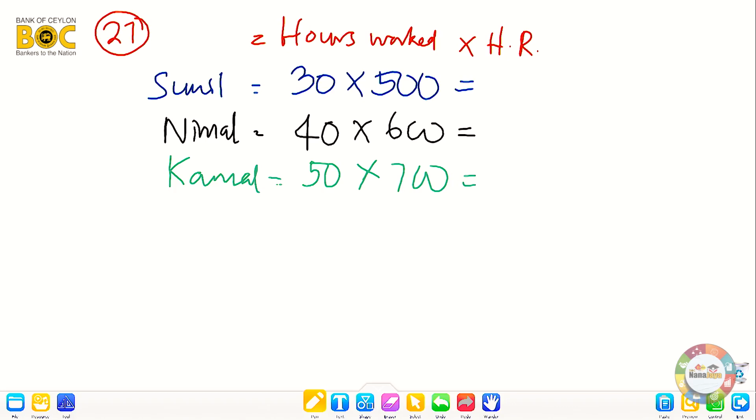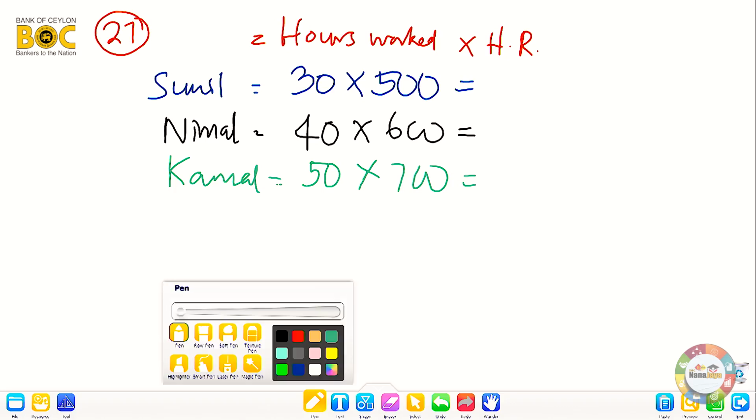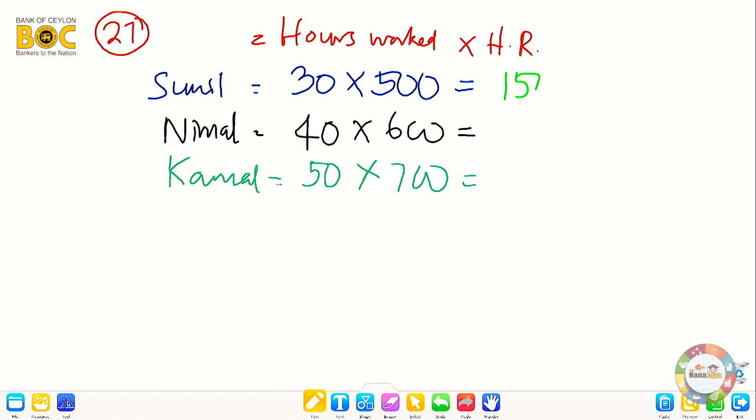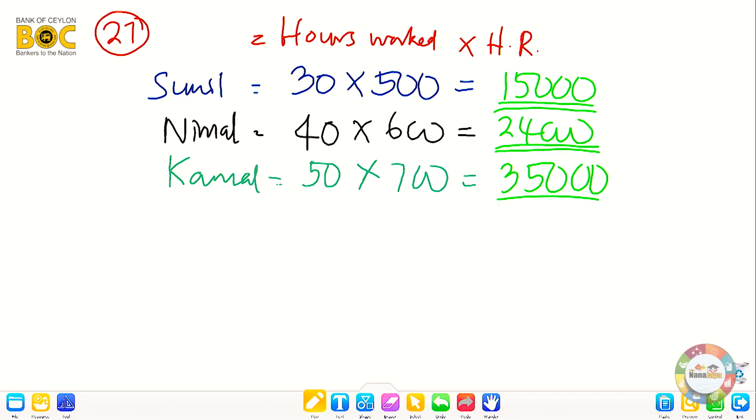Mr. Sunil, 30 hours into 500, has earned 15,000 rupees. Mr. Nimal, 40 hours at 600, 24,000 rupees. Mr. Kamal, 50 hours at 700, 35,000 rupees. Answers: 15,000, 24,000, 35,000 rupees.